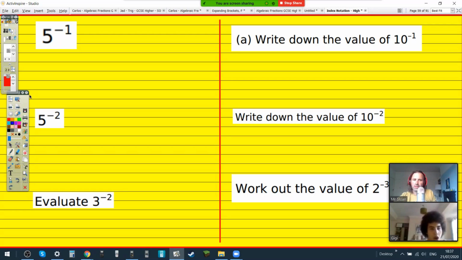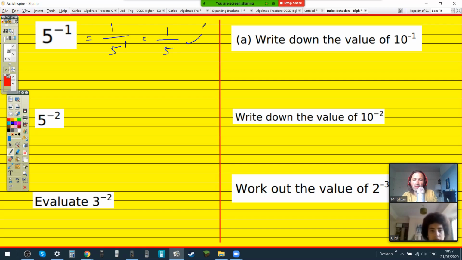Exam questions. Let's try these. Five to the power of minus 1 is 1 over 5 to the power of 1. 5. And can you make this one a little simpler, I suppose? Yeah, 1 over 5.